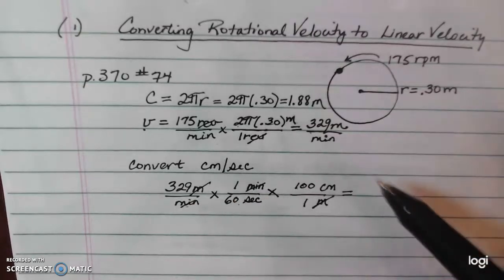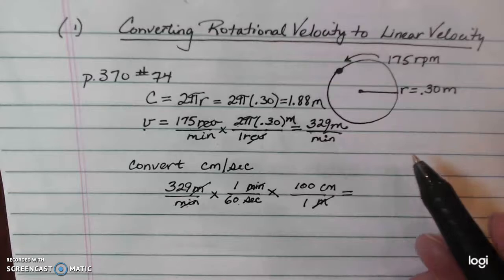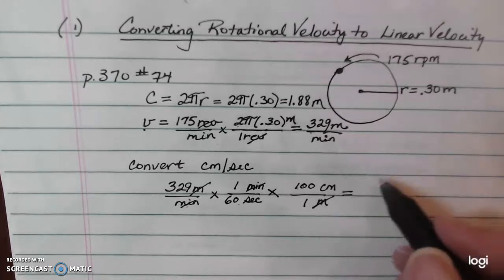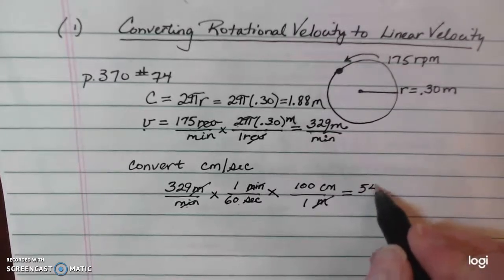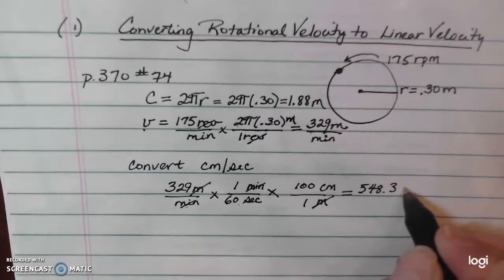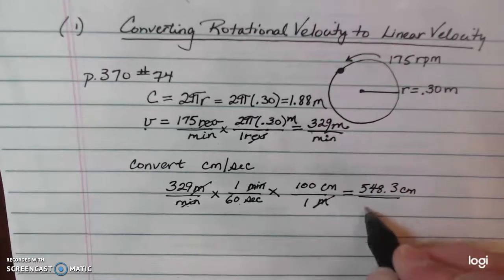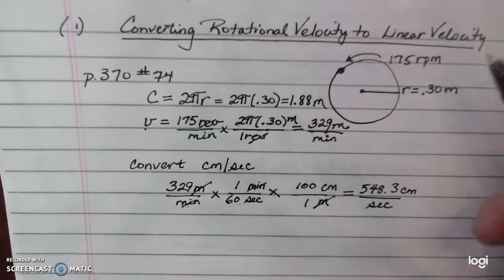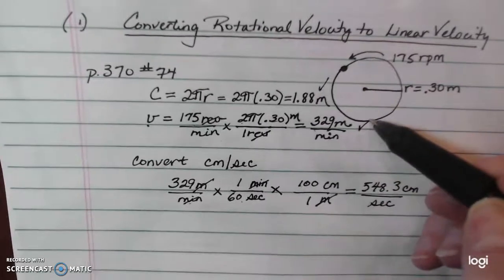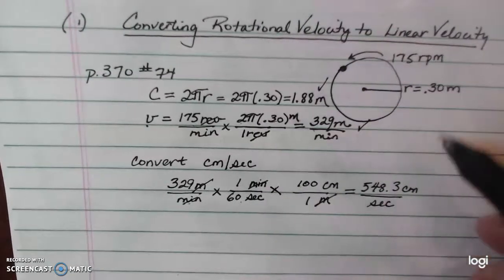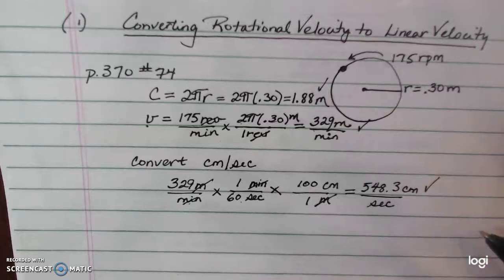And when I do that, the conversion that I got to centimeters per second was 548.3 centimeters per second. So that should complete the problem because we were asked to find circumference, we were asked to find linear velocity, and I added on converting it to centimeters per second.